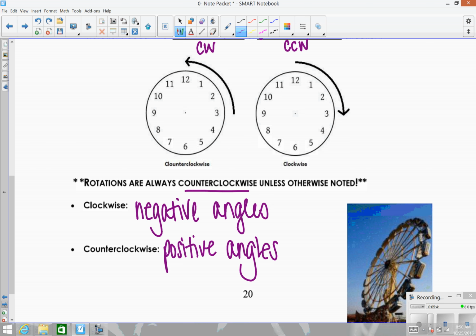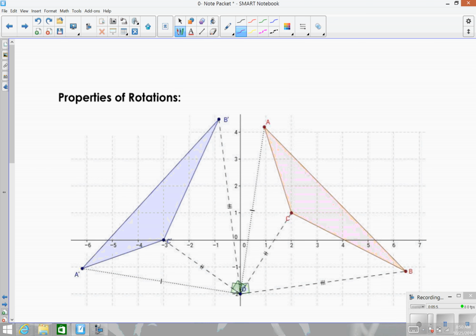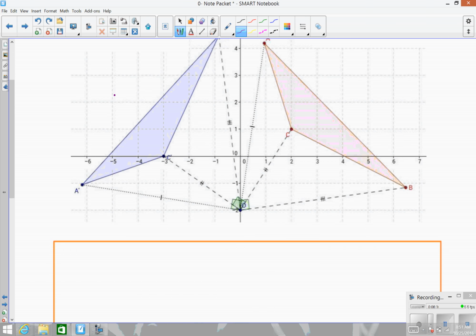So then on the next page, I want to talk about some properties. It's really just talking about those three key things that we need to know about rotations. And the goal of this is to help you get ready to actually do a rotation using a compass and a straight edge in plane space. So some of the properties, we talked about the center of rotation.